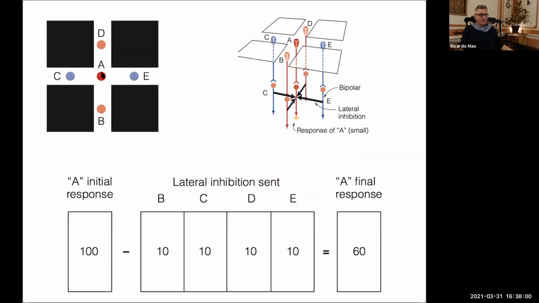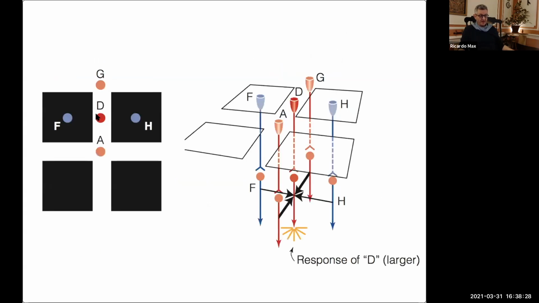If this neuron was separated from its neighbors, it would be activated by 100 units. But because it has 4 inhibiting neighbors, the perception is much less. And those guys in the corridor are being inhibited by only 2 neighbors. So that's why we perceive a lesser shade of dark in the corridors.